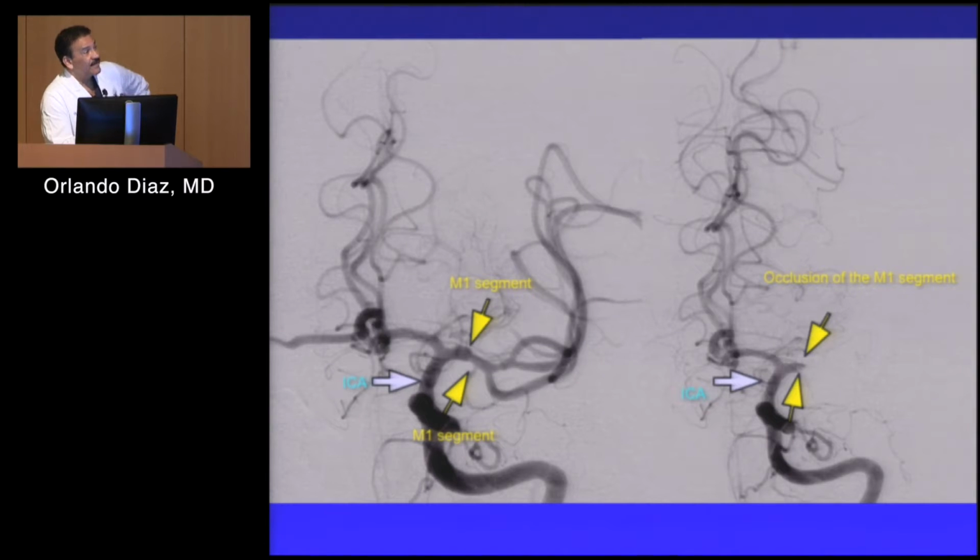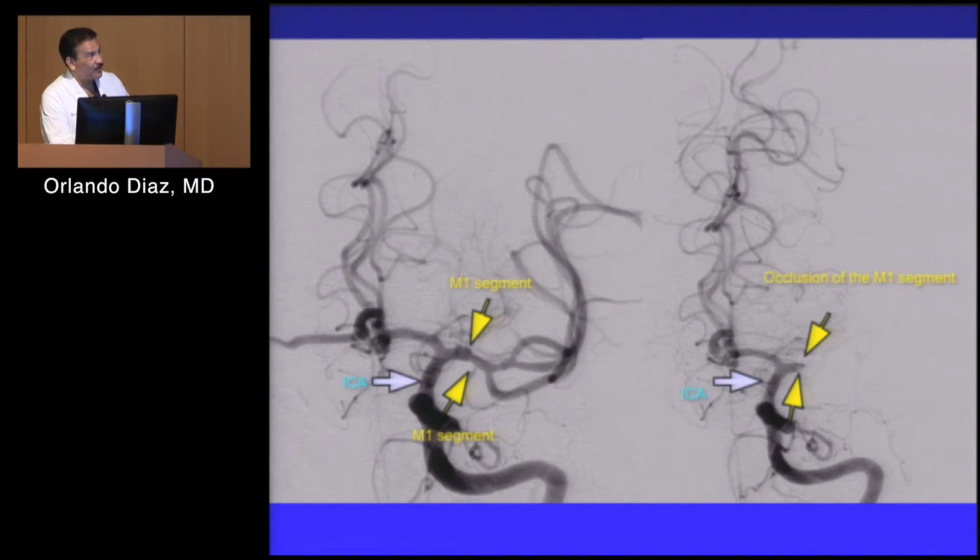And this is exactly the same patient but before. This is the internal carotid here, but we don't see the M1 segment. So you know that this patient has a large vessel occlusion. TPA is not gonna work here. This is a big clot. We need to do something else. We need to go there and grab the clot out.